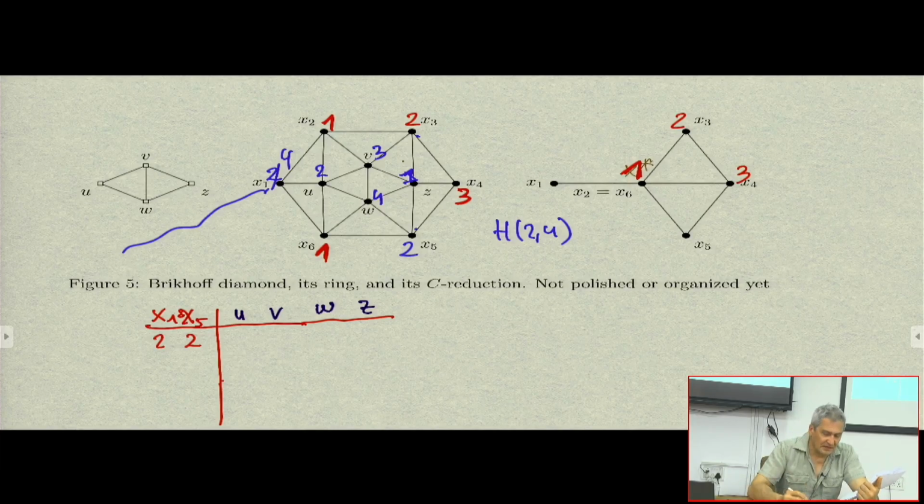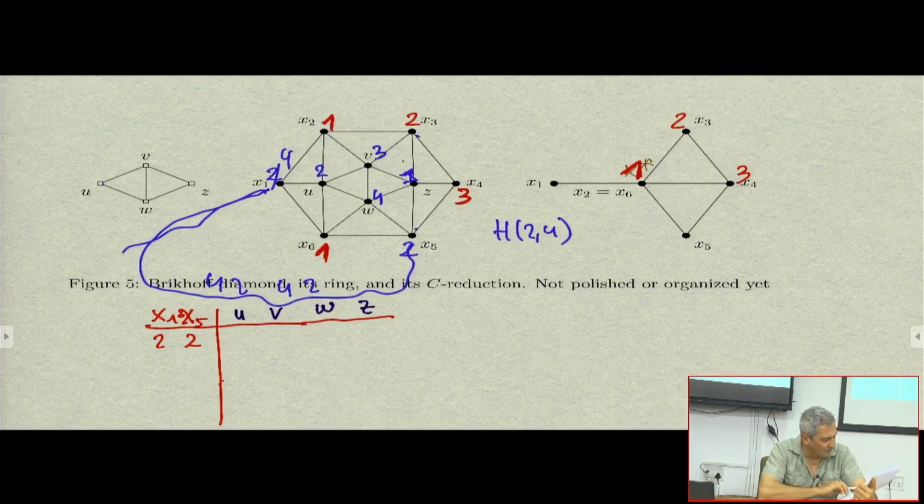Otherwise, if not, now x1 and x5, otherwise without loss of generality, we assume that x1 and x5 are in the same component distinct from the one of x3. So we have here component 2, 4, 2, 4, and distinct from the one of x3.